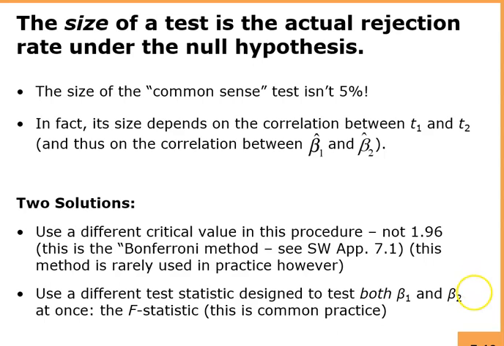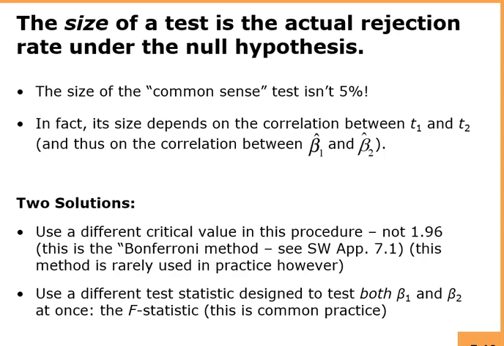So the size of the common sense test, which is the one at a time test, is not equal to 5%. In fact, as we will see later on, it will depend on the correlation between T1 and T2, and also thus on the correlation between beta 1 hat and beta 2 hat.